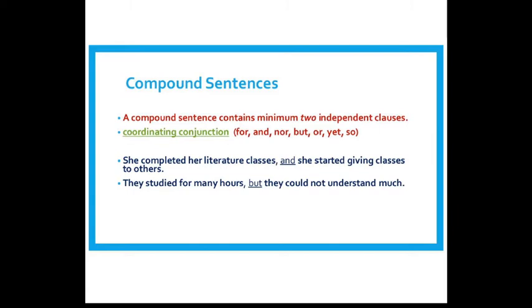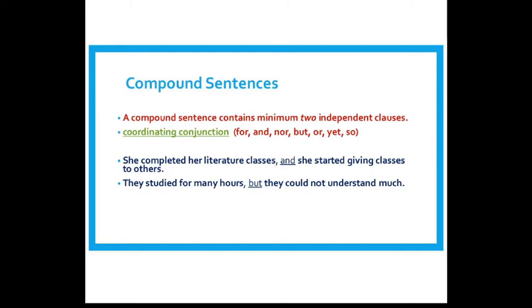Examples: She completed her literature classes and she started giving classes to others. They studied for many hours but they could not understand much. If we see the examples, we can find that there are two independent clauses. You can remember this: two independent clauses.